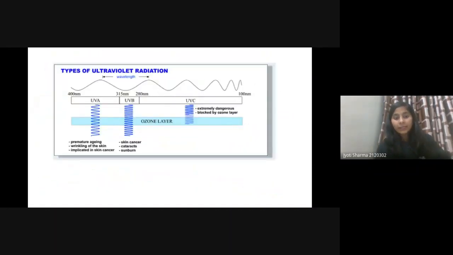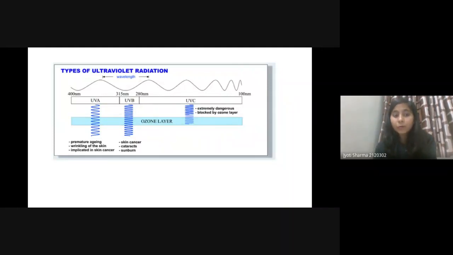Here is another example where you can see that most of the ozone layer can capture ultraviolet radiation C, partially B, and can't capture ultraviolet radiation A. Different types of radiation have different impacts. Ultraviolet radiation C is extremely dangerous, and it is blocked by the ozone layer.